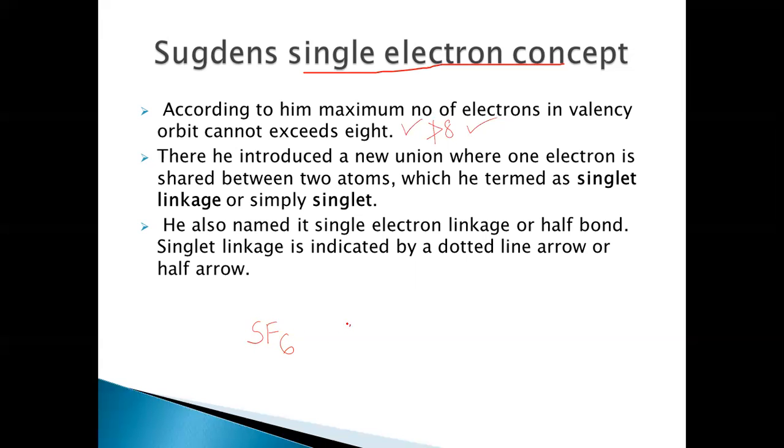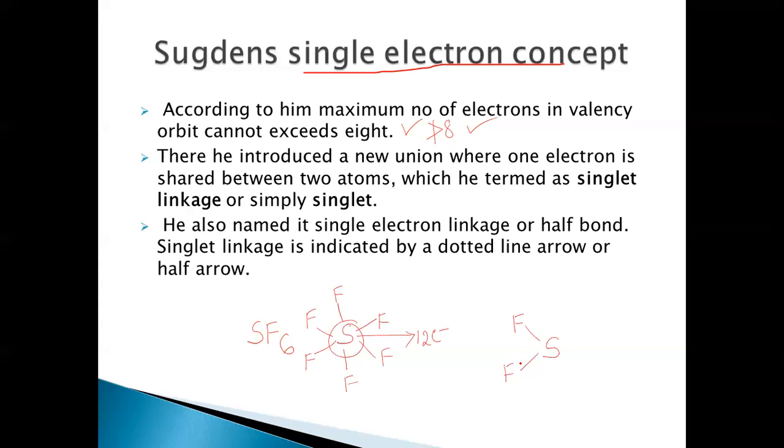We know that according to the structure of SF6, S is bonded to 6 fluorine atoms by means of covalent bonds. According to this, the sulfur should have 12 electrons. So what Sugden said is that it will form 2 covalent bonds with 2 fluorines.